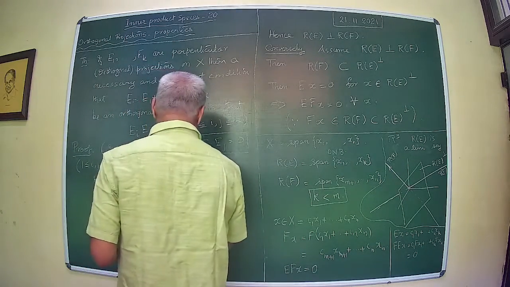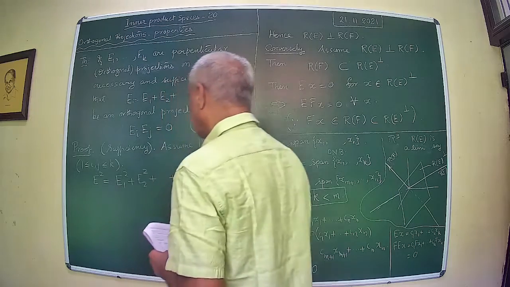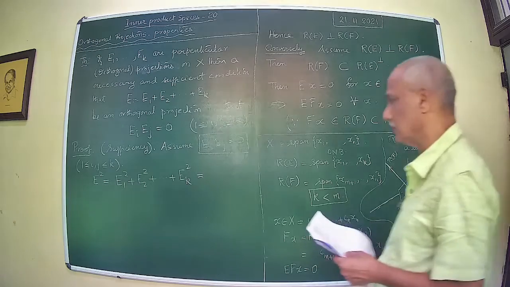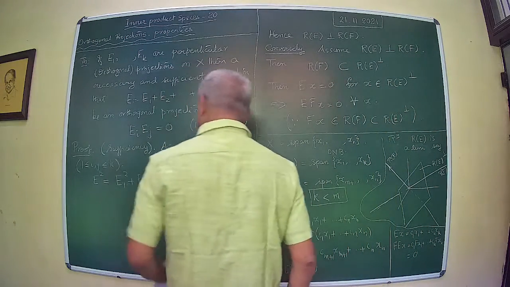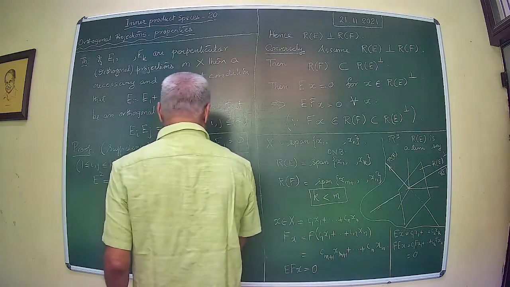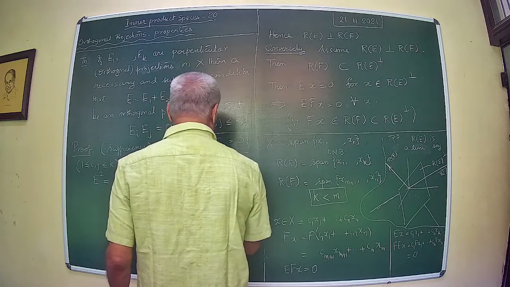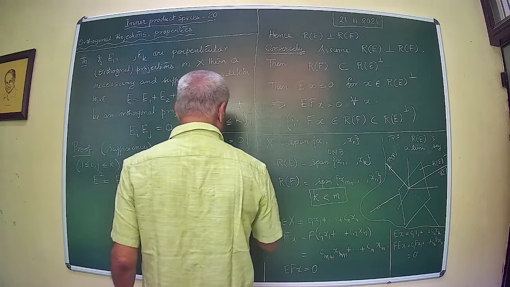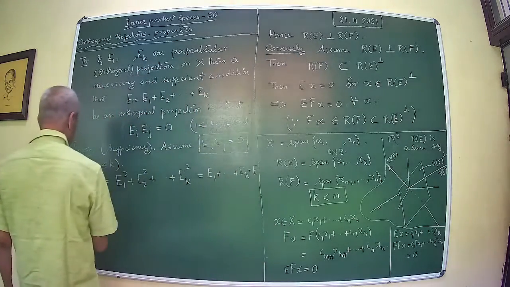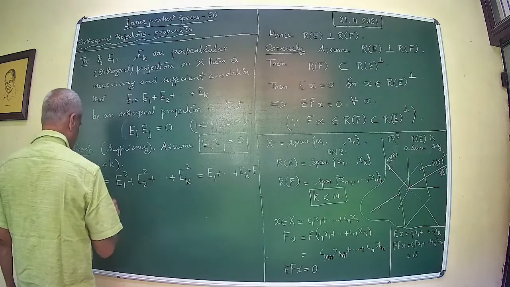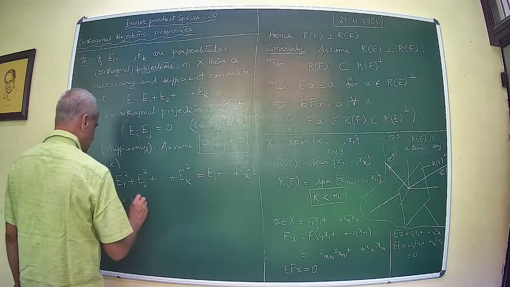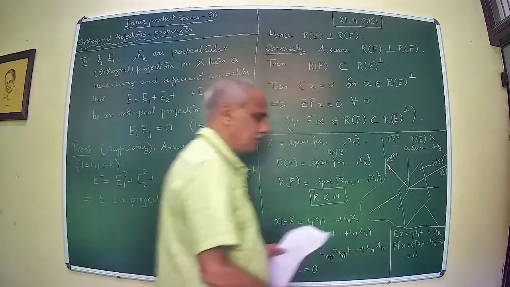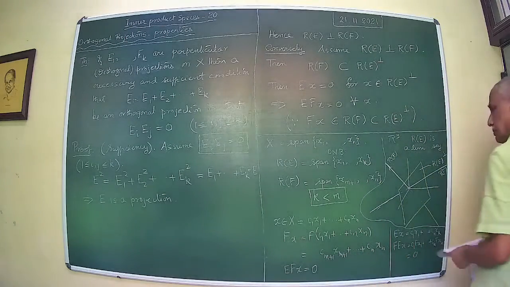And these E1, E2, etc., Ek are orthogonal projections, which implies that Ei square equal to Ei, which is equal to E. Now it is sufficient to prove that E star is equal to E.